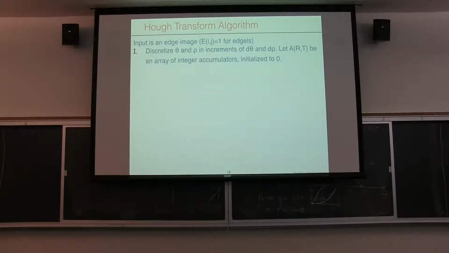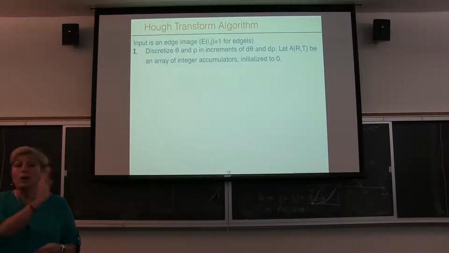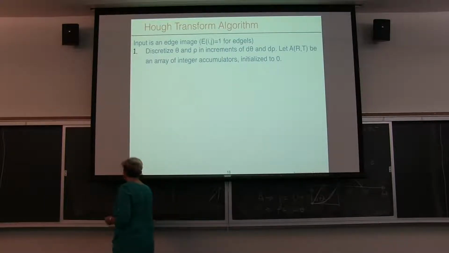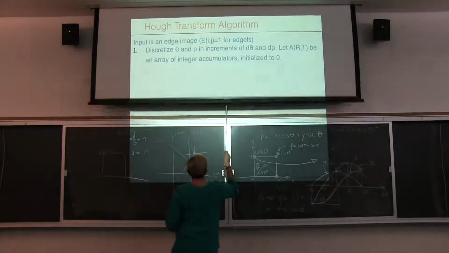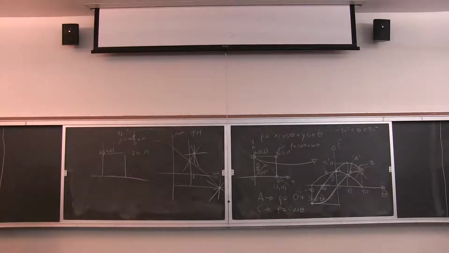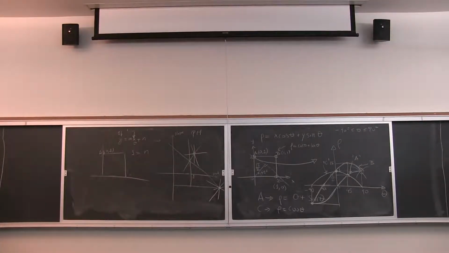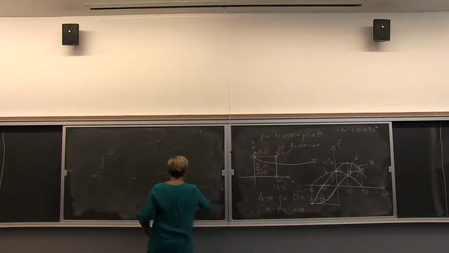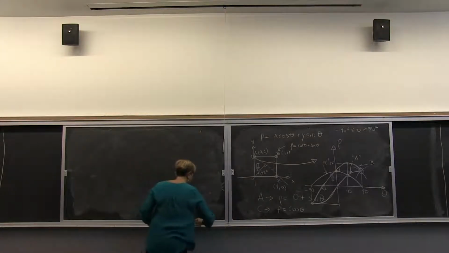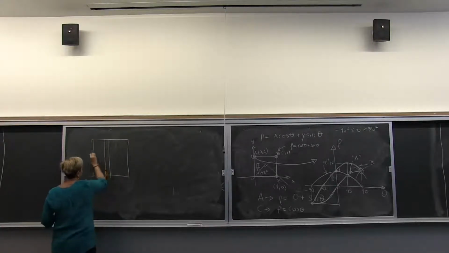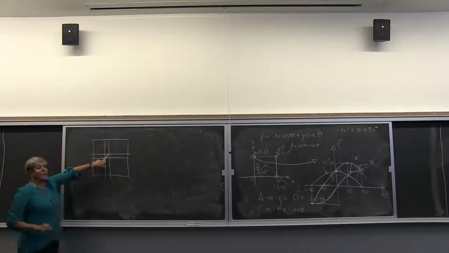Now my image is discrete, so what I'll do is scan each column to paint my image. I have an edge in my image.